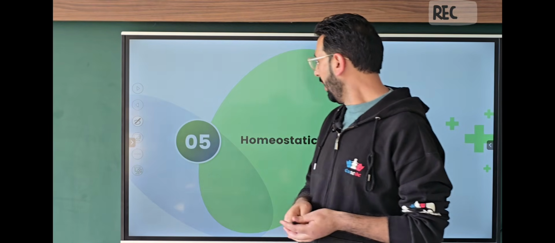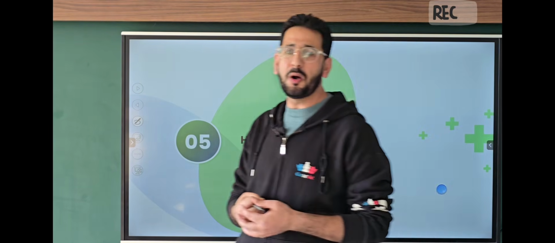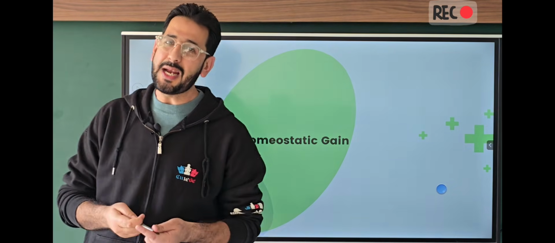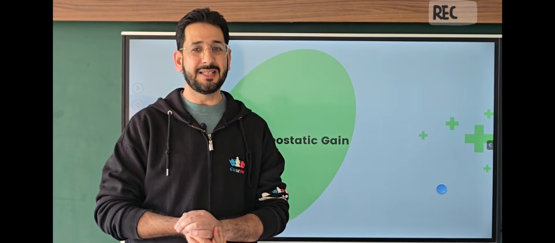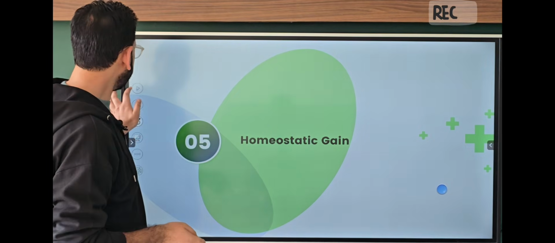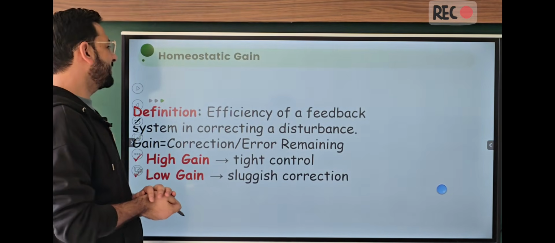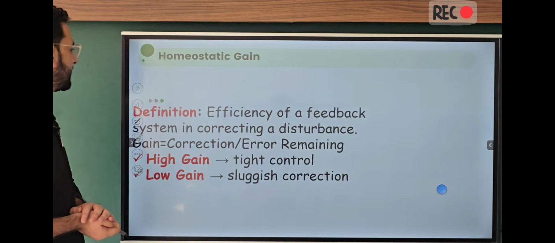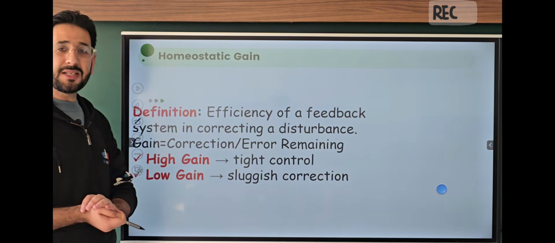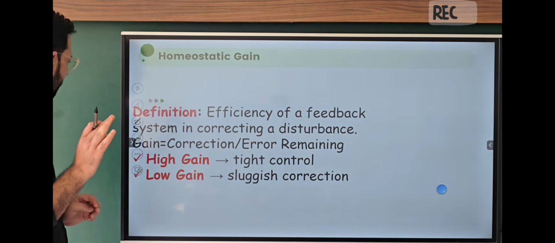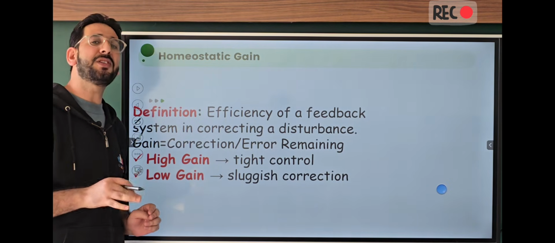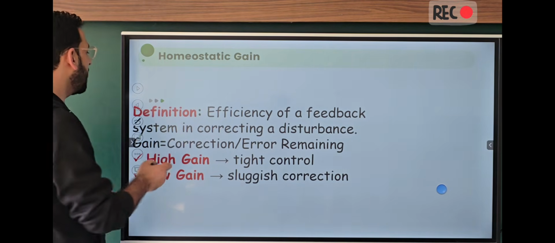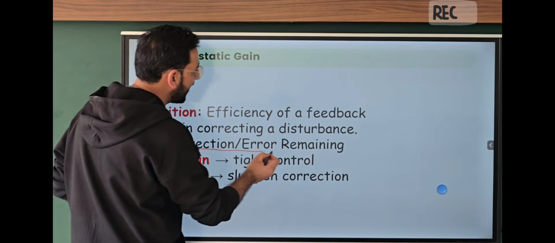Okay. Now, we will talk briefly about the homeostatic gain. Homeostatic gain is how efficiently the homeostasis is working. Okay? Now, let's understand this. This is the efficiency of the feedback system in correcting a disturbance, and the formula for detecting this efficiency is the correction divided by the error remaining.